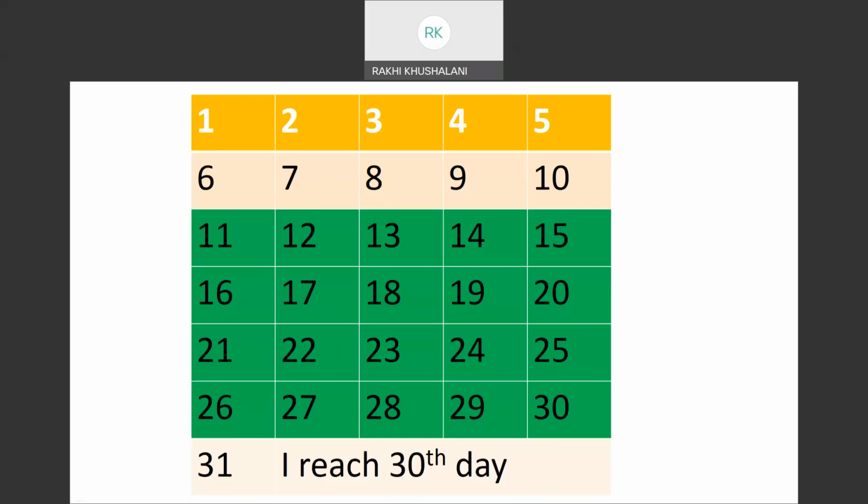It is just specifying the dates 1 to 31. It can be of any month that has 31 days, or it's specifying dates from 1 to 30, which can be of any month which has 30 days.